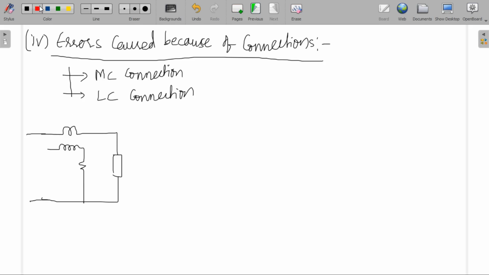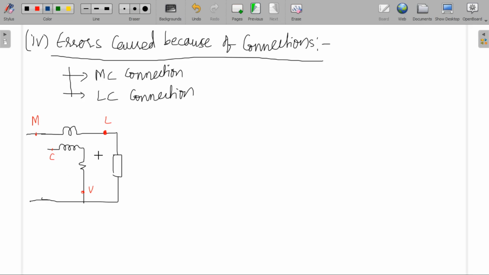Now this terminal will be M. M stands for mains. This terminal will be L. L stands for load. This terminal will be C. C stands for common. This terminal will be V. V stands for voltage.